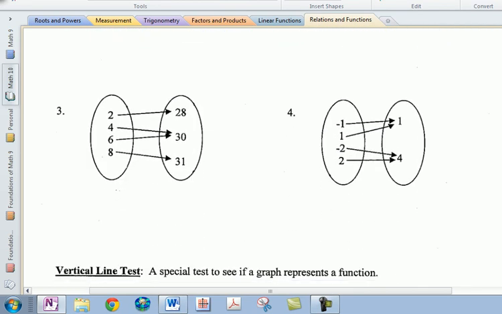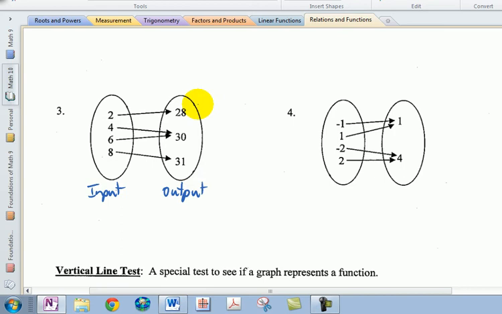Turn it over. Next page. Number 3. So here's our input. We input a 2 and we have an output. What's the relationship between these numbers? 28, 30, and 31.